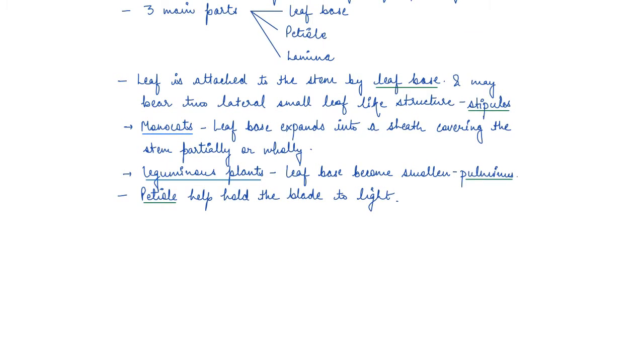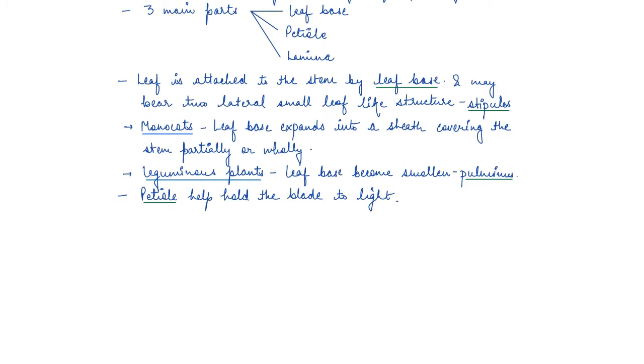Now in case of monocots, the leaf base expands into a sheath covering the stem partially or completely. And in some leguminous plants as well, the leaf base might be swollen and it is known as pulvinus, right? So it is basically swollen in case of leguminous plants.